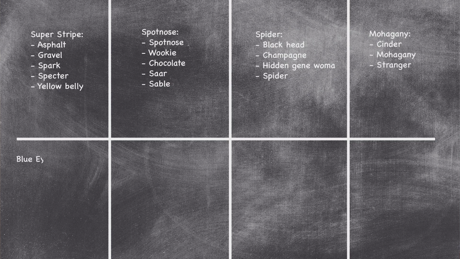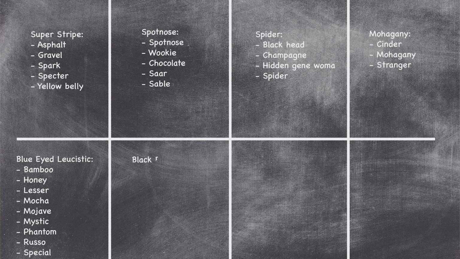In the blue-eyed leucistic complex, we have bamboo, honey, lesser, mocha, Mojave, mystic, phantom, Russo, and special. In the black-eyed leucistic complex, we have creed, disco, fire, flame, lemonback, sulfur, and vanilla.